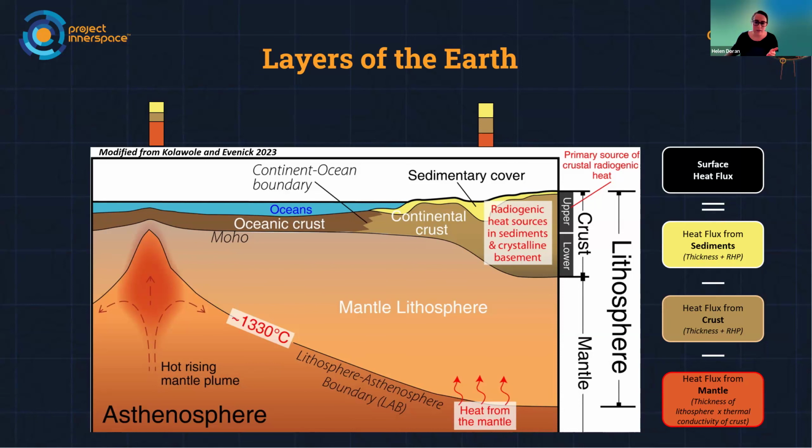We need to understand these layers, and what we're looking for really are where the layers are thin and heat loss to the surface is greater, making it more accessible to target higher temperatures at shallower depths, or where we have very thick granitic crust and high radiogenic heat production. And you can imagine these layers in the same way as we wear clothes.